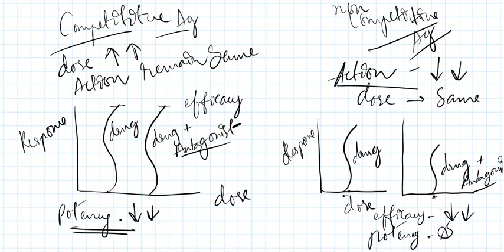So in non-competitive inhibition, efficacy decreases, potency remains the same. I just want to tell that small piece of information.